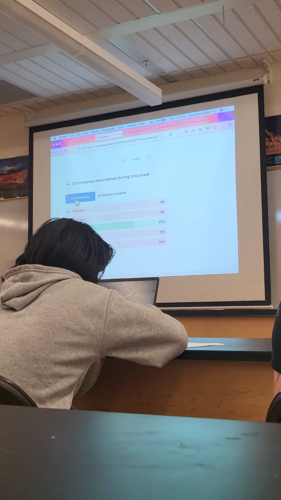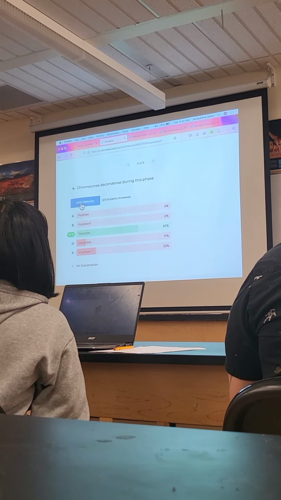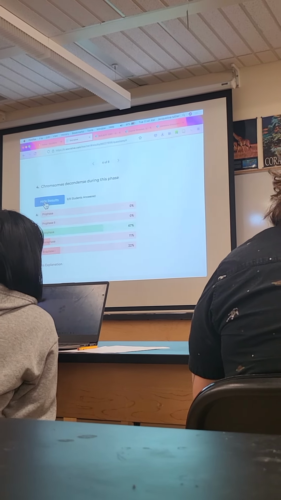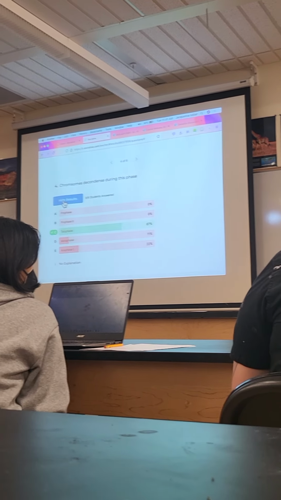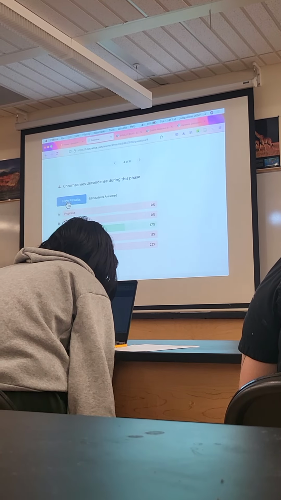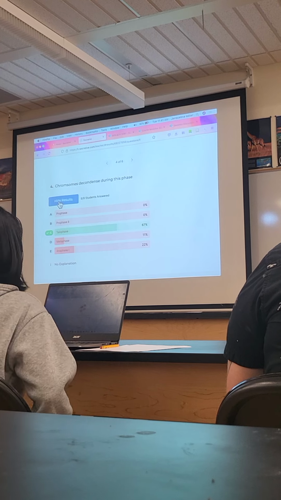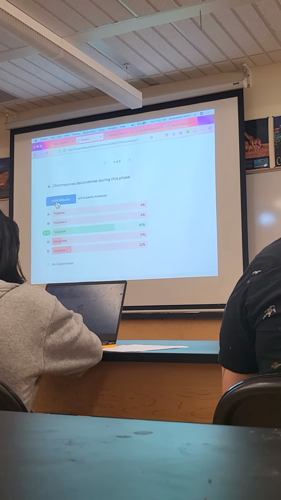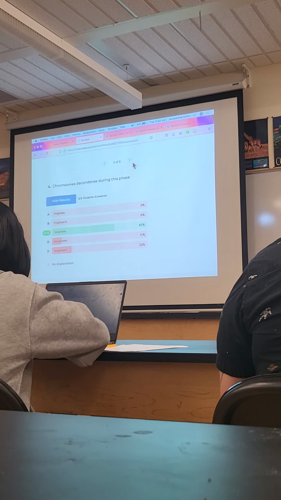See? Okay, good. So most people got it right. So telophase is when the chromosomes are decondensing. What else is happening in telophase along with that? Nuclear envelopes reform. Yep, the nuclear envelope is reforming. Yeah, the spindle's going to be breaking down, and this also happens alongside cytokinesis, so that would also be happening usually around the same time. Okay.